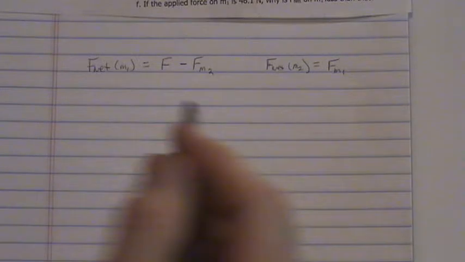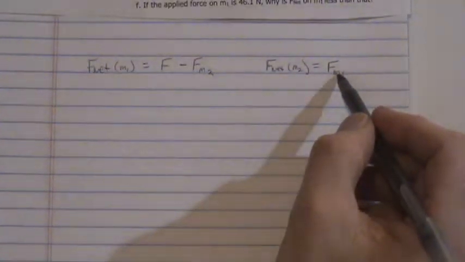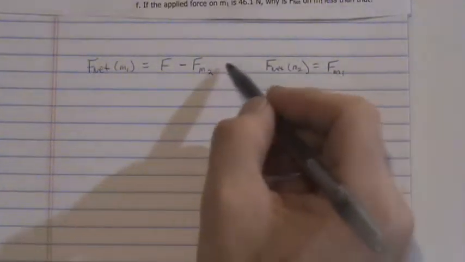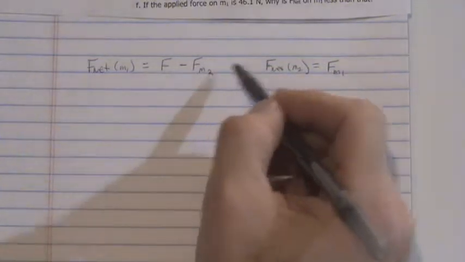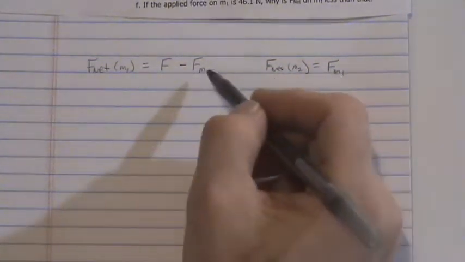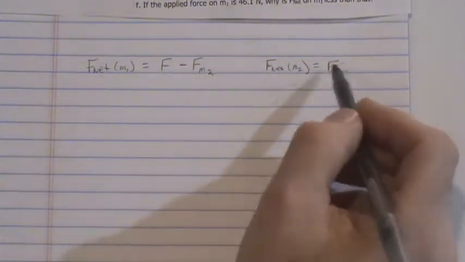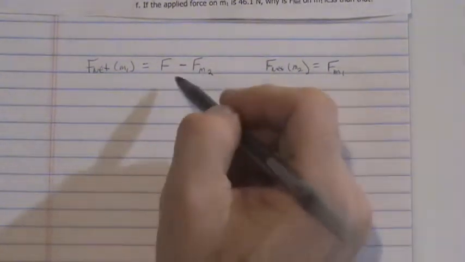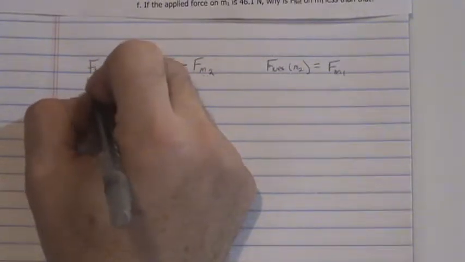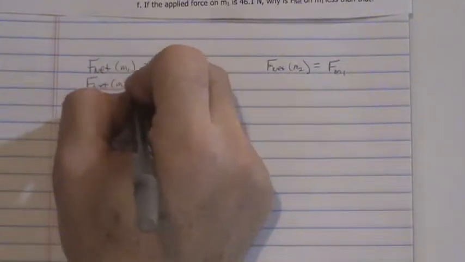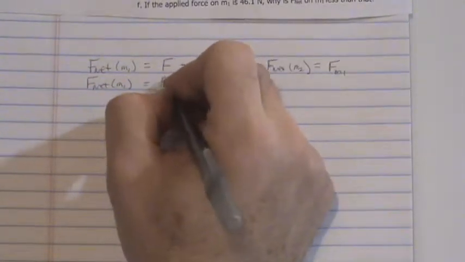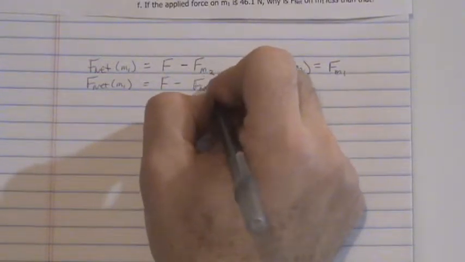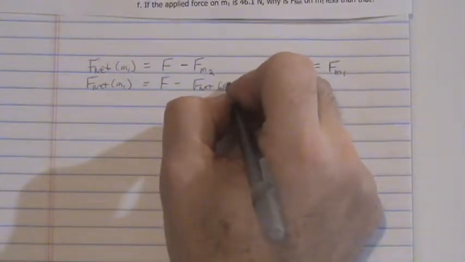Well, we do know that this F on M1 and the force in M2, they are equal and opposite. So see, they didn't cancel because they are here in our equations, but these two things are the same number, right? So we can actually interchange them. So the net force on M1 is going to be this force that we're pushing with minus the net force on M2.